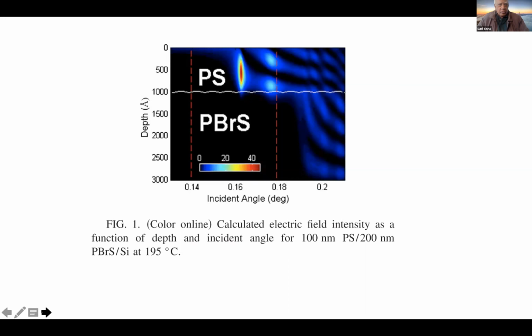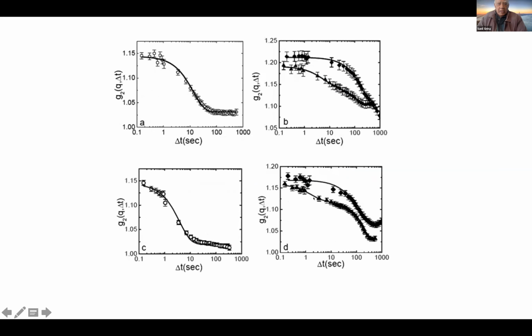Larry Lurio was also very much involved in these experiments, and we were able to do the calculation for the two modes that would exist here. You can change the angle of incidence and probe the modes at the top, at the interface, and at the bottom. And we were able to map out the G2 functions for both modes, both for a homogeneous film and for the bilayer film.